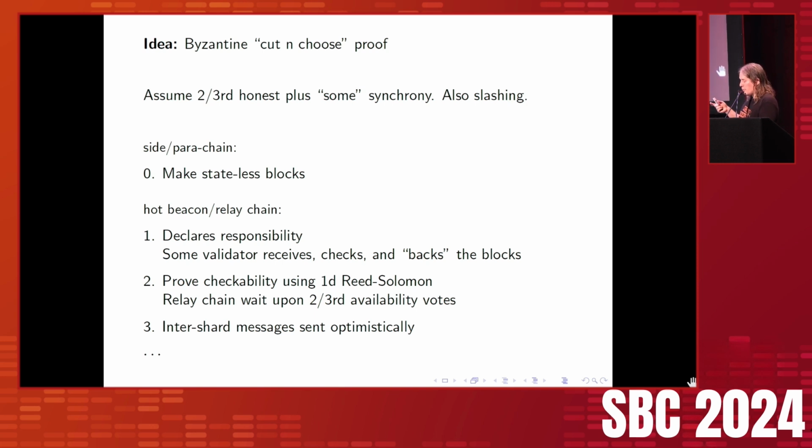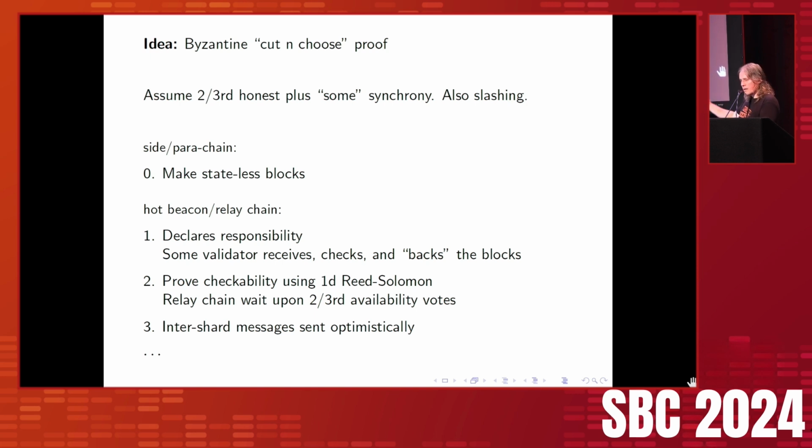This gives an efficient proof that the block will be checkable in the future because we now have all of these pieces. So at this point, we have not yet proved that these parachain blocks are correct, but somebody's on the hook for them, and we know they can be checked.